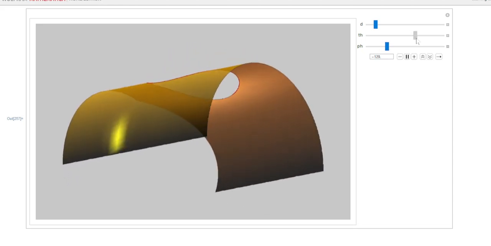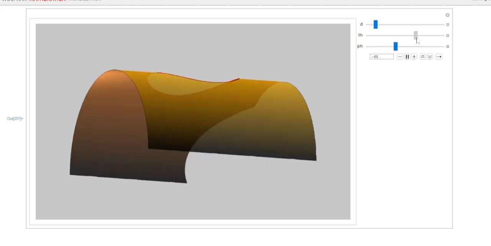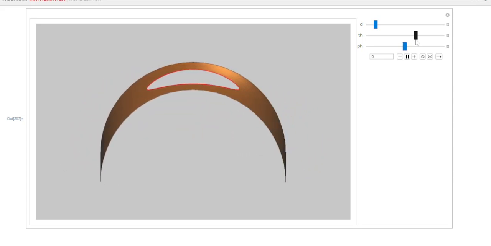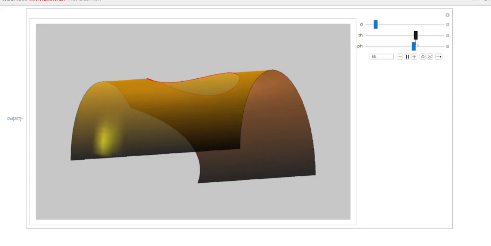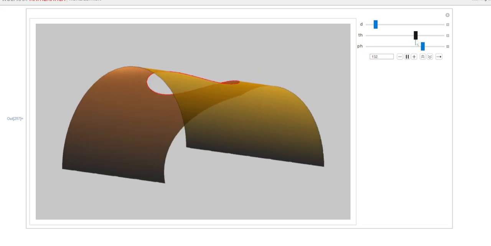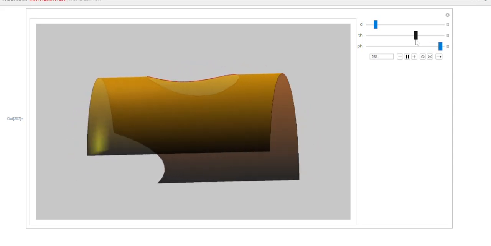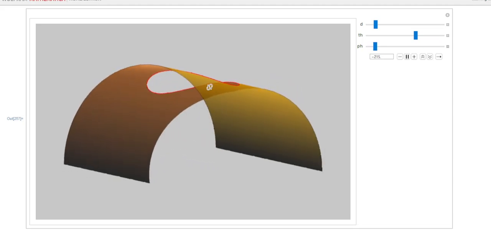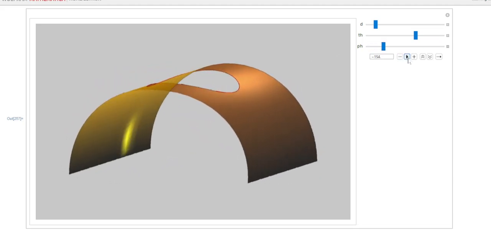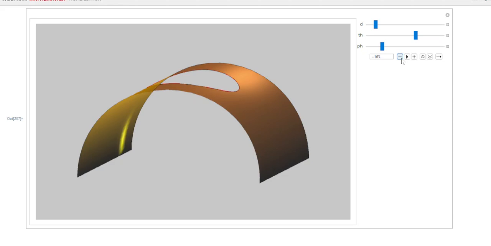Now, if I make my view angle become more horizontal, like so, then clearly there will be equators of my viewing sphere that will cause the self-intersection. Now, it's the transition of the curve not being self-intersected to it being self-intersected. So I can do this by hand, for example, right here, where the cusp is located. And the cusp always seems to be located at the silhouette of this shape.